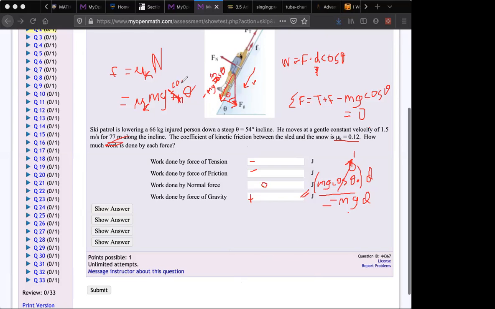It's so hard to draw with this stupid thing. So that changes this to sine. And this one to sine.